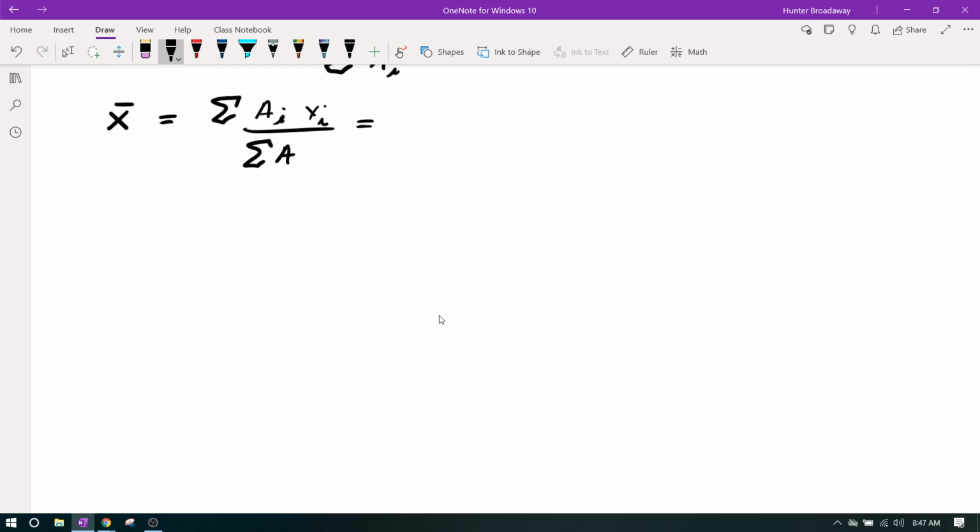We've got an X bar A and we've got an A A. The X bar of A is 2.5. The area of A is 9.8, right? Added to X bar of B times the area of B, that's going to be 5 times 100.